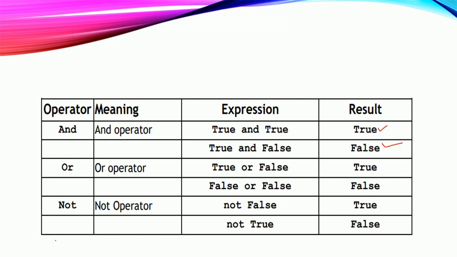Three operators are there. If we use the AND operator, if both the expressions are true, then we'll get true, otherwise we'll get false. This is the condition.